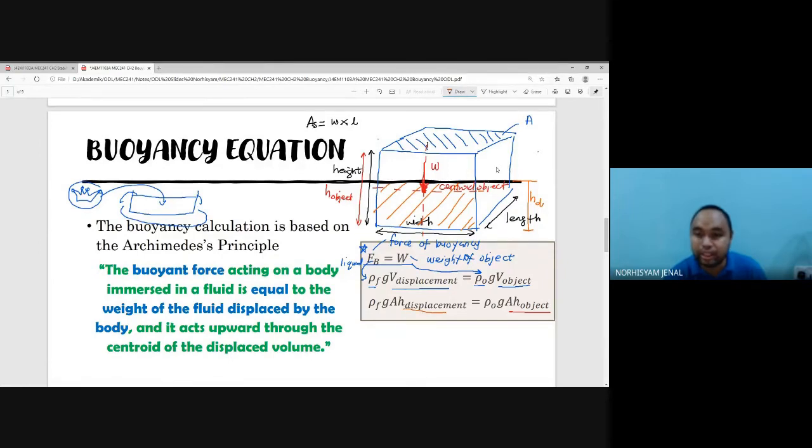And the force of buoyancy acts at the centroid of the submerged body, which is here. So this one is the centroid for the submerged plate, submerged body.